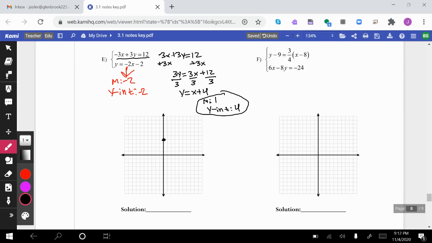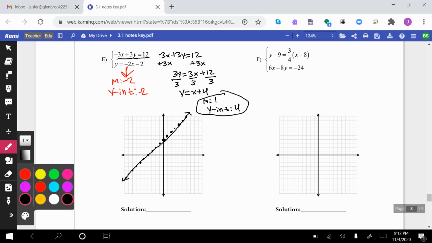Okay, so we're plotting our points. So our slope is up 1 over 1. We'll do that on the other side. Okay, and then we'll plot our other graph.